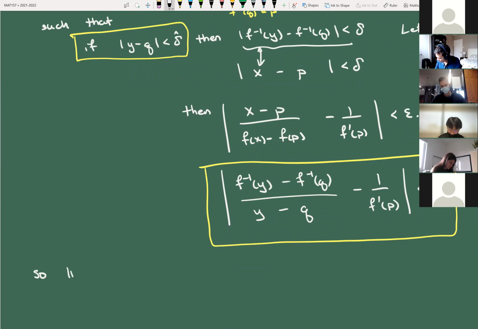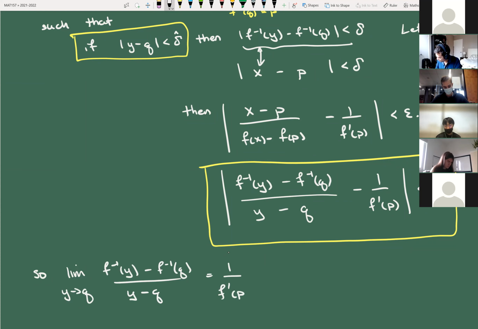So I've proven that the limit as y approaches q of f inverse of y minus f inverse of q divided by y minus q is equal to 1 over f prime of p.